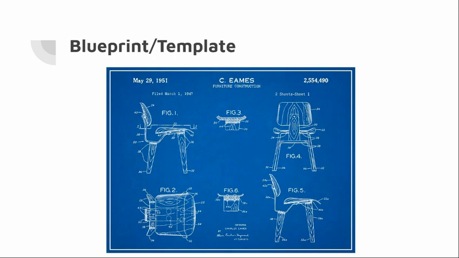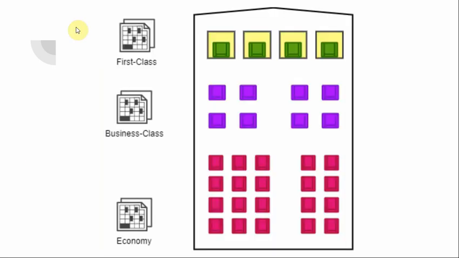For each class, we need a blueprint, the template, which will help us to create a certain seat. So here is the blueprint, which is our class or the template, which will help us to build the seat for that. So if we look here, we have three blueprints, which means three classes.